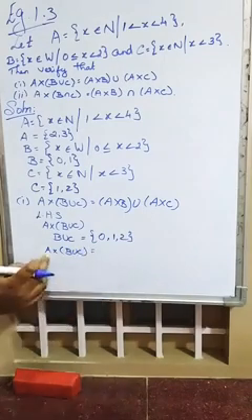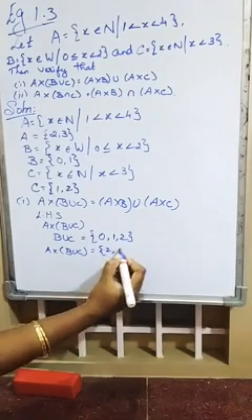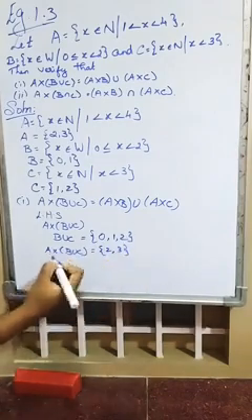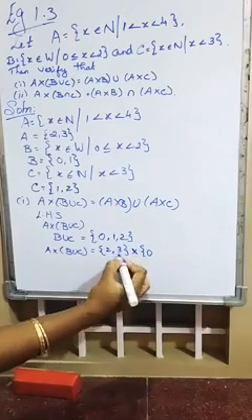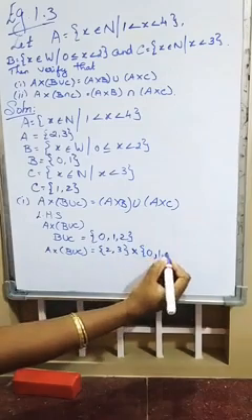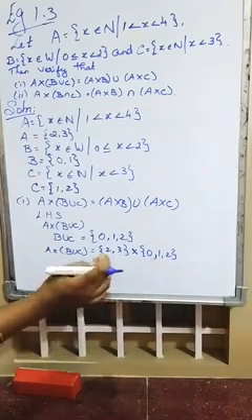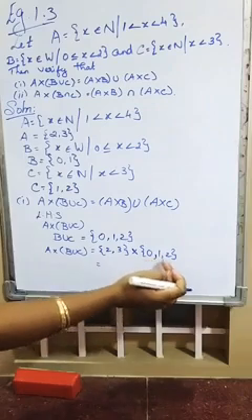What is the value of A? 2 and 3. You have to find the Cartesian product. Therefore {2, 3} cross the value of B union C, which is {0, 1, 2}. Now take the first element, 2, and write it with 0, 1, 2.